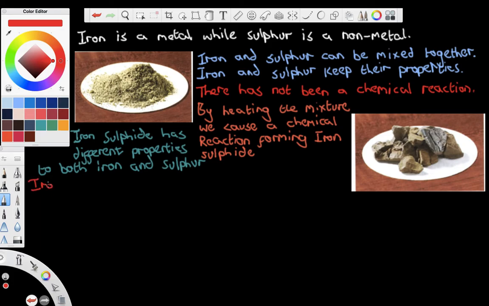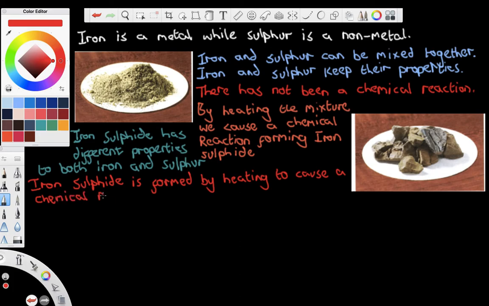So, iron sulfide is formed by heating to cause a chemical reaction.